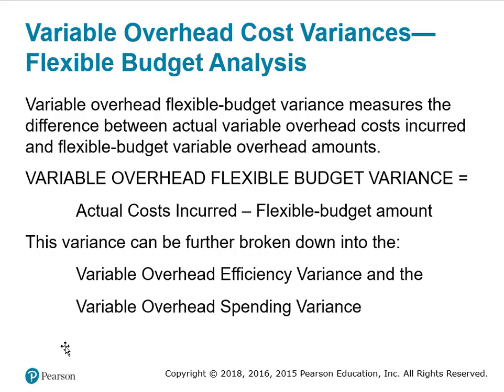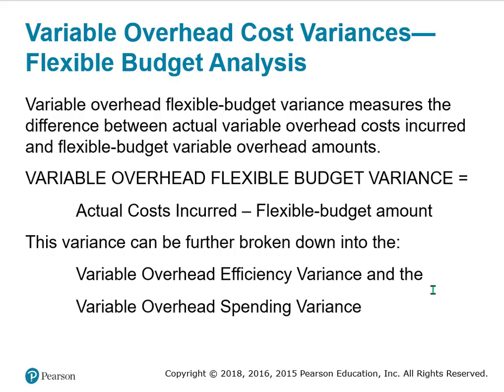Spending is over here, and we're going to look at some charts too that will make more sense than this. Spending is the difference on the left side, and efficiency is over there. Efficiency or usage, you can think of it as. As a reminder, the flexible budget amount is calculated by taking the budgeted input allowed per output unit times the budgeted variable overhead cost rate per input unit.